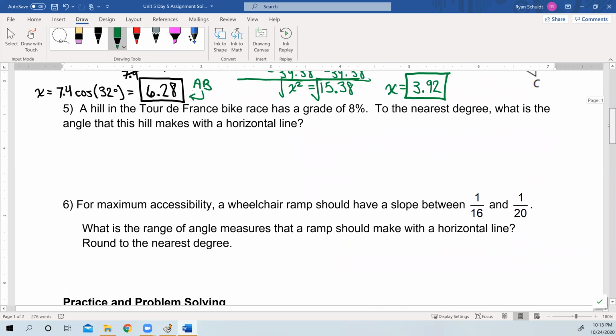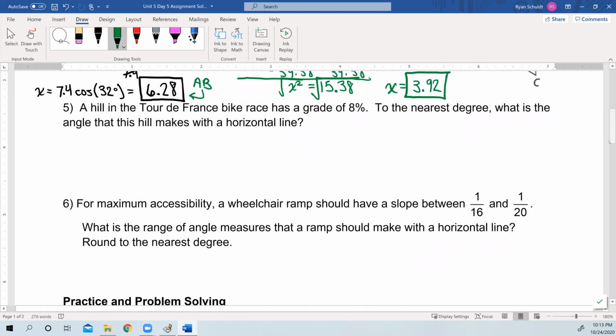Now, next one. It says a hill at the Tour de France bike race has a grade of 8%. To the nearest degree, what's the angle the hill makes with the horizontal? So remember that we need to turn that 8% into a fraction. So 8 over 100.